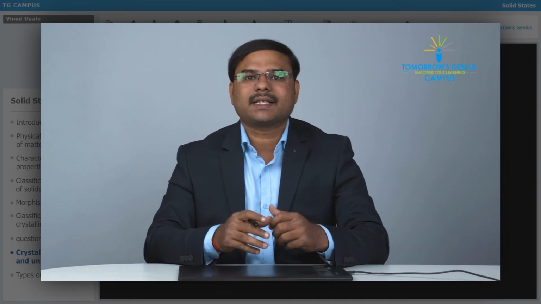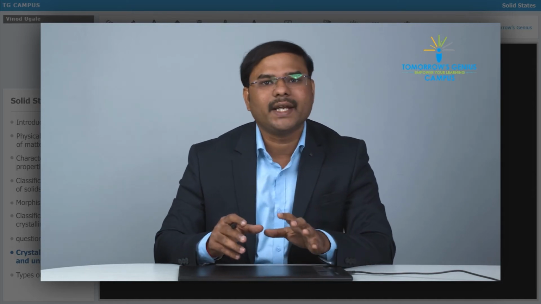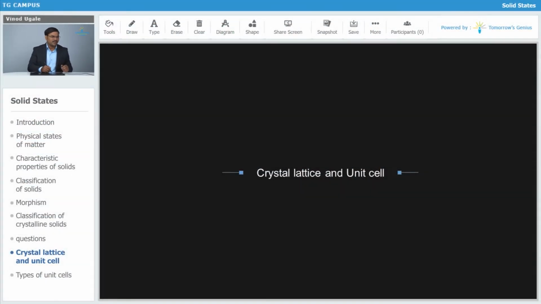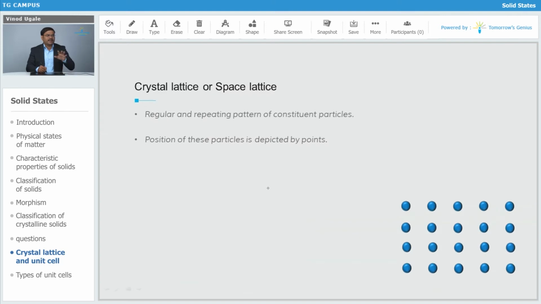What is meant by crystal lattice and what is meant by unit cell. So let's see. This is a crystal lattice, or it can be called a space lattice. Obviously the constituent particles of any solid substance, we are going to consider them as rigid spheres. I am talking about spheres, I am not talking about circles.